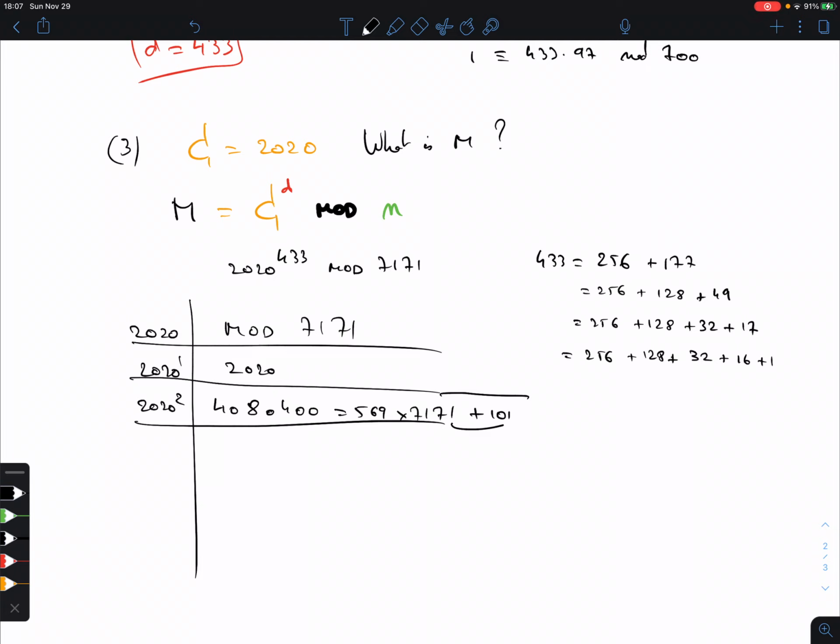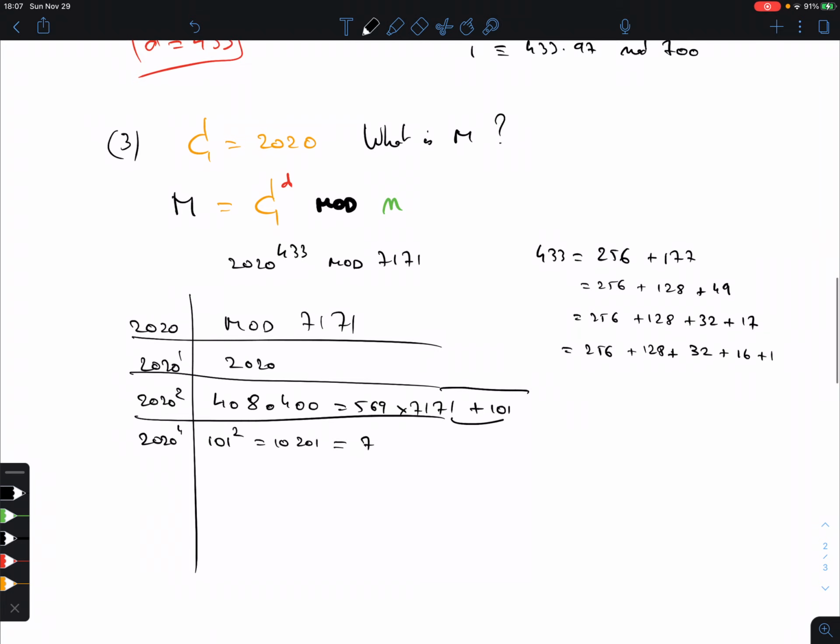Okay, we square again. That means we square this guy. So 101 squared is 10,201, and we divide that by 7171. Well, that is only 1 times, right? That is 7171. So 10,201 minus 7171 is 3030.